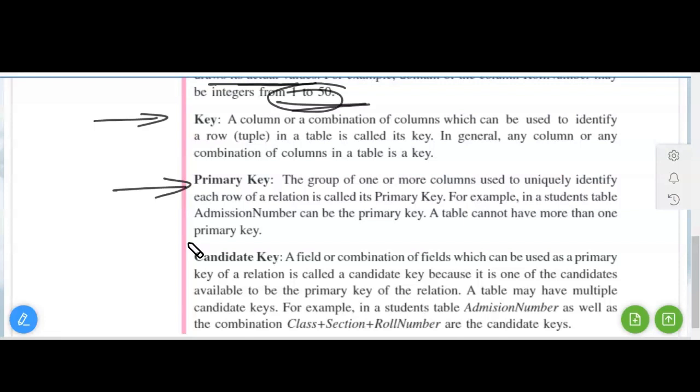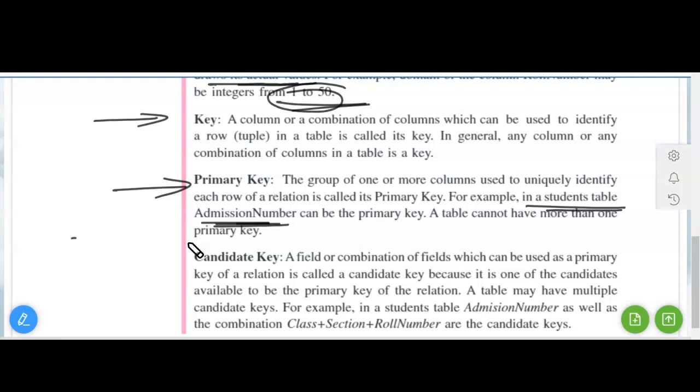A tuple is known by a primary key. So if you take a student's table, admission number can be primary key, because admission number of all the students will be different. It will not be same, and repetition won't be there. So an ambiguity or a confusion won't be there anywhere.